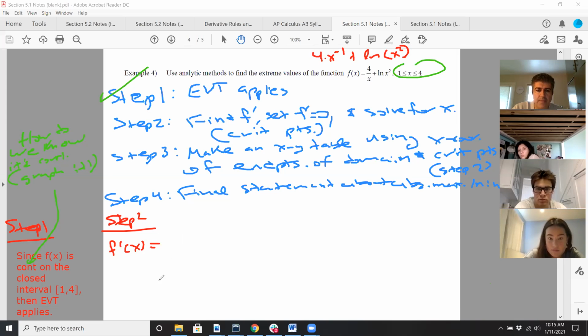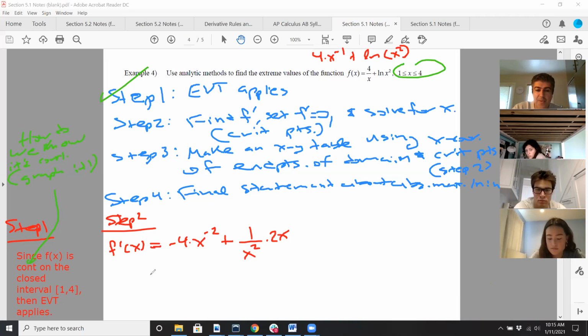Now let's take the derivative. -4 times x to the -2 power plus 1 over x squared times the derivative of the inside, remember chain rule, right? Times 2x. Don't forget chain rule.